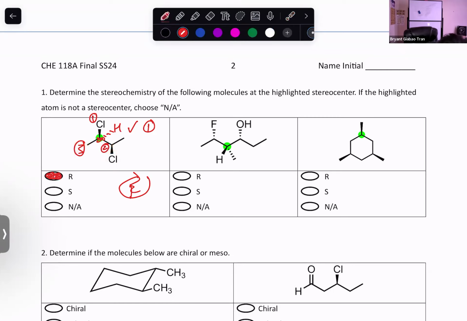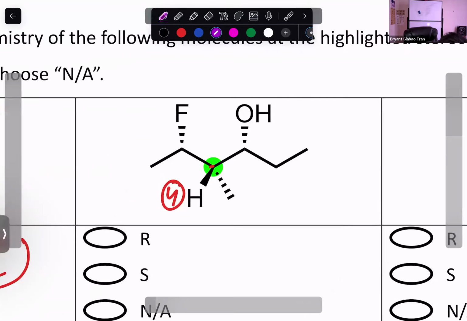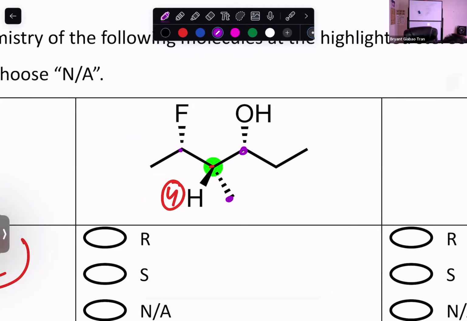Right, this carbon center here, the lowest priority group is on a wedge, so this is the second scenario that we went over earlier. So we do everything normally, and then we flip at the end, right? There's a tie between this carbon and this carbon. If there's a tie, we see what's attached to it, right? This carbon here is attached to a fluorine, carbon, and hydrogen.